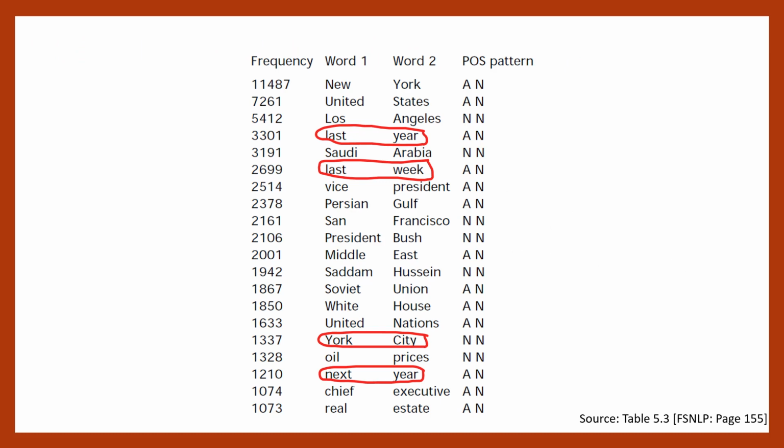When they applied this to the same corpus, most of the bigrams can be considered co-locations, except a few like last year, last week, York City, and next year. The rest can be considered co-locations.